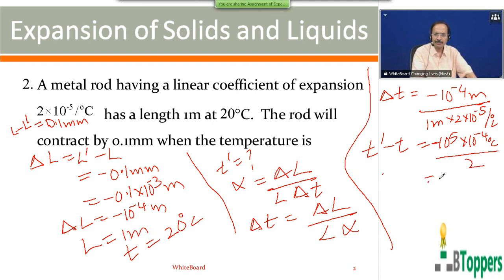So you get minus 10 by 2 or minus 5 degree centigrade. And you can substitute T equal to 20 degree centigrade. So T dash you can write 20 degree centigrade plus minus 5 degree centigrade. So the new temperature T dash of the rod has to be 15 degrees centigrade.